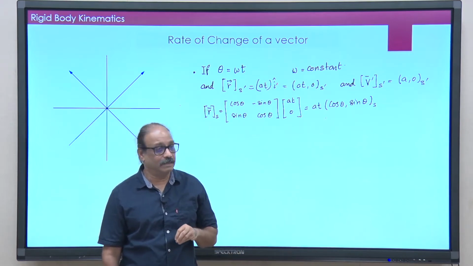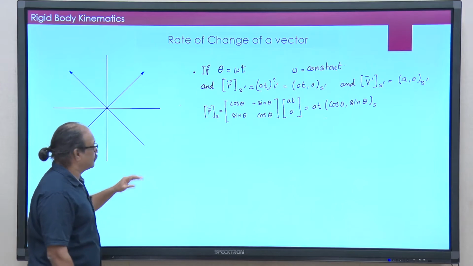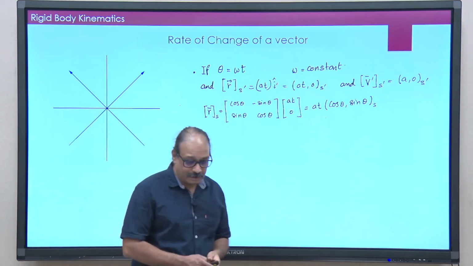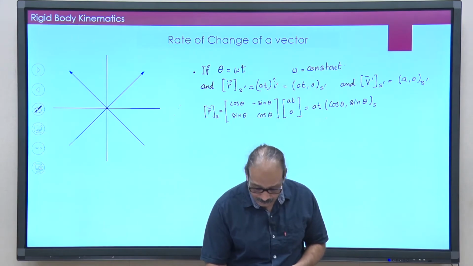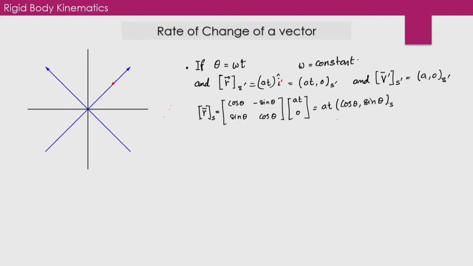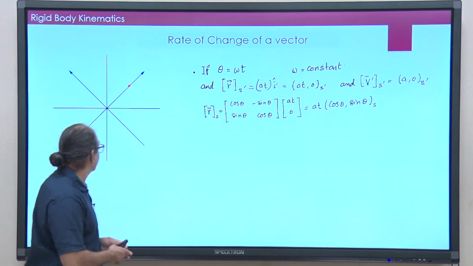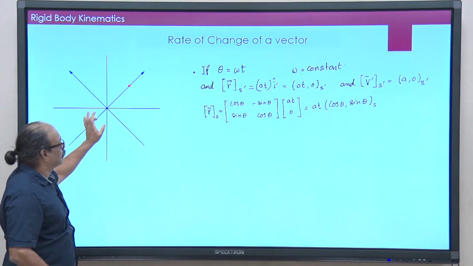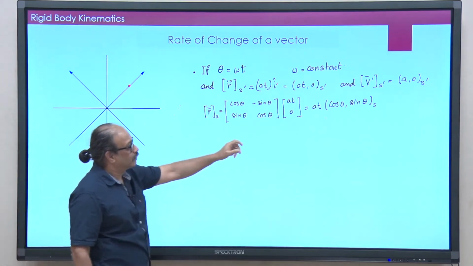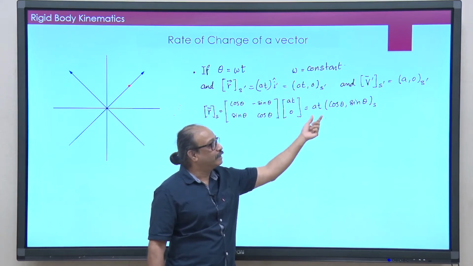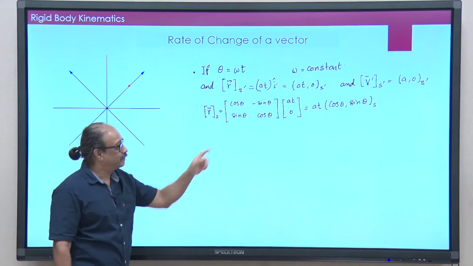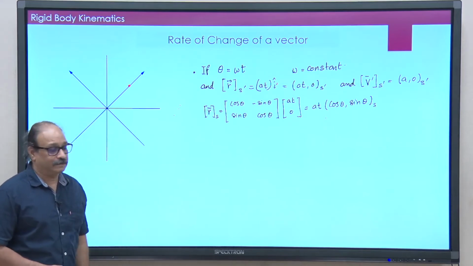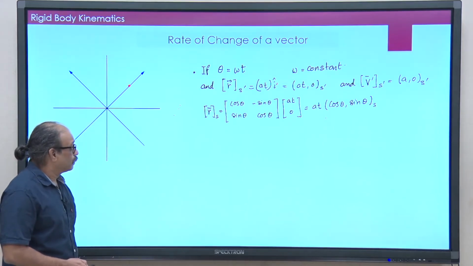You can see very easily that if the particle is here, then quite obviously this angle is theta. So, you can immediately see the distance from the origin is a t and the vector to that point is basically cos theta and sin theta.